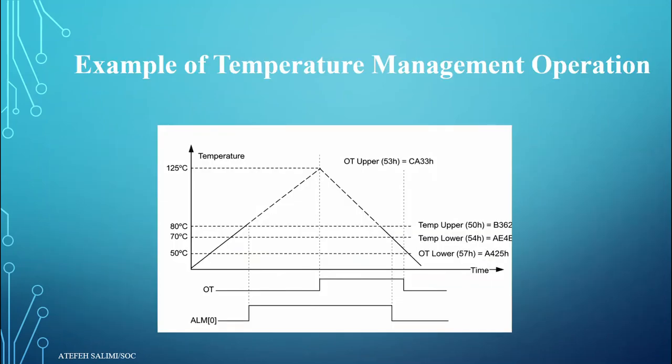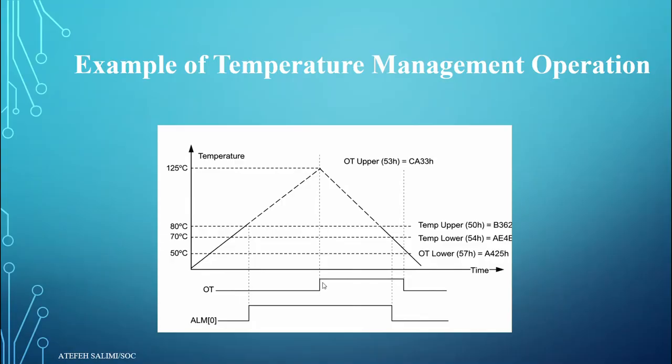The figure of this slide illustrates the temperature variation over time and the corresponding behavior of the XADC monitoring signals. The vertical axis represents temperature, while the horizontal axis denotes time.